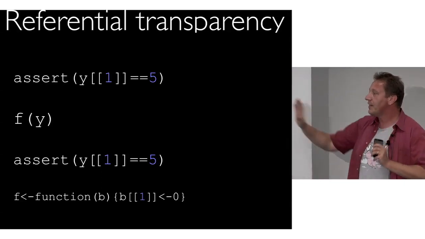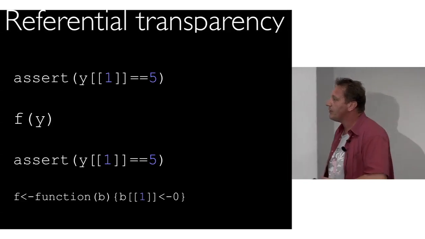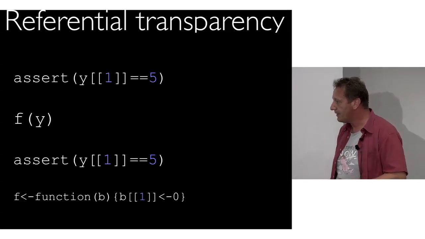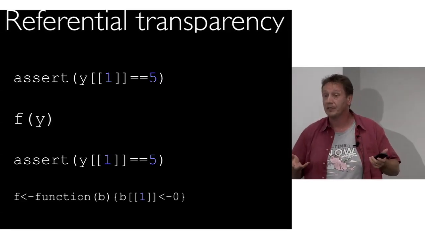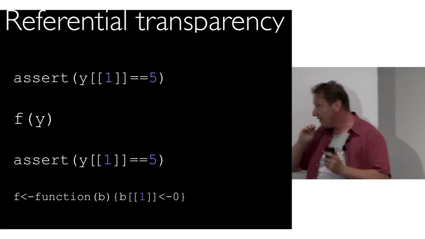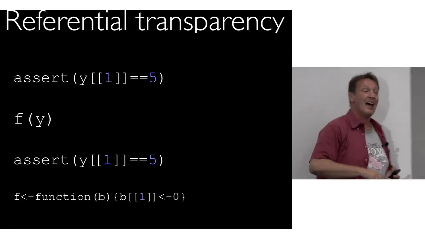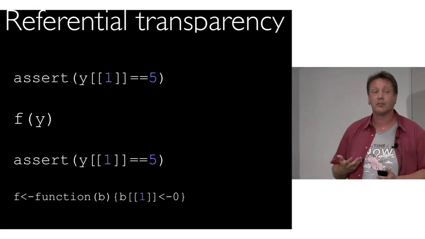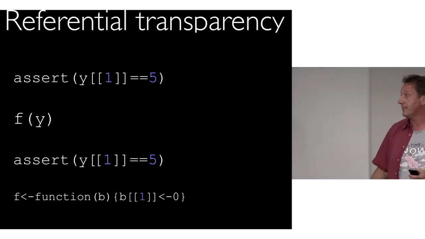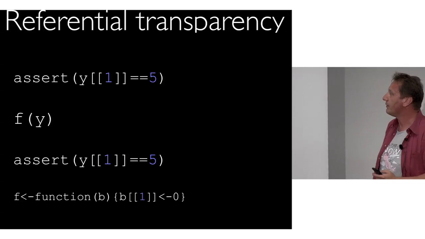Whatever f does, it doesn't change the calling environment. How does that happen behind the scene? Because I told you we have assignments, right? Well, it happens by essentially logically copying y at the call. Actually, y is not quite copied at the call. It's copied on first assignment, but logically that's the way to think about it.